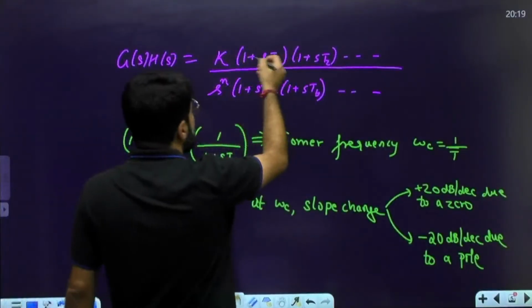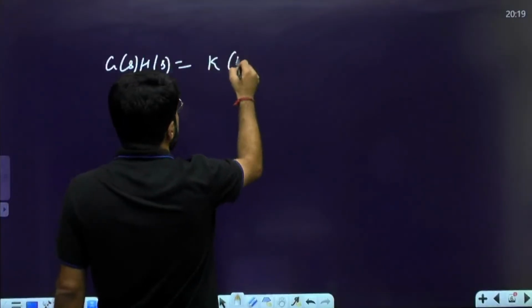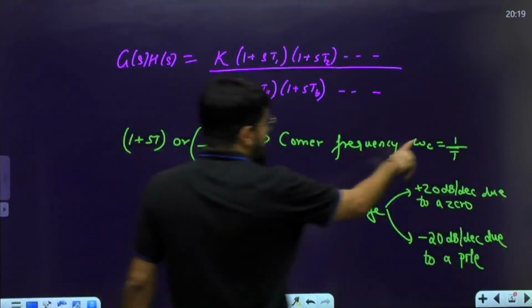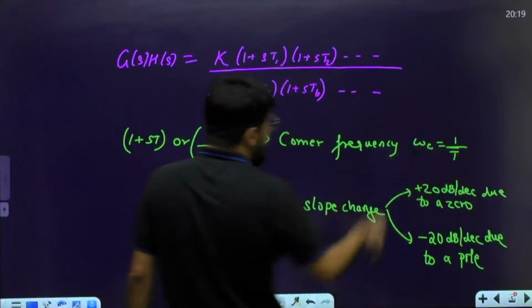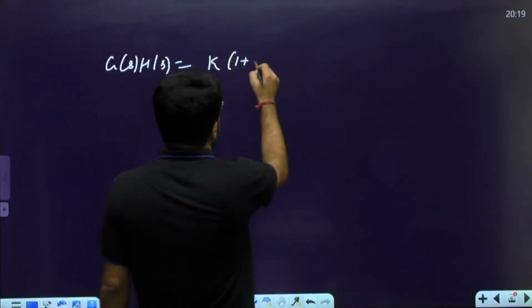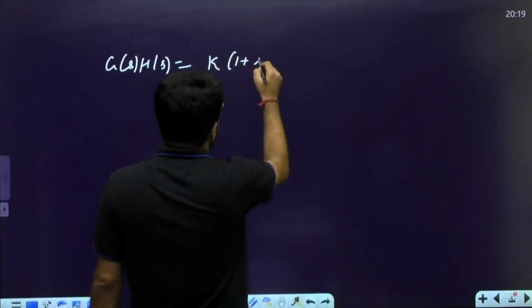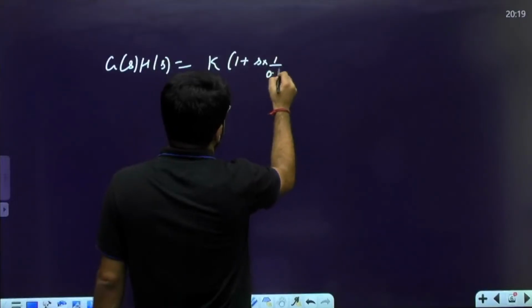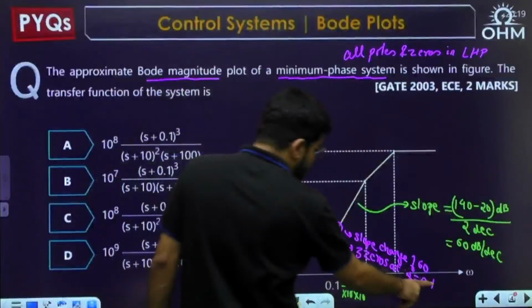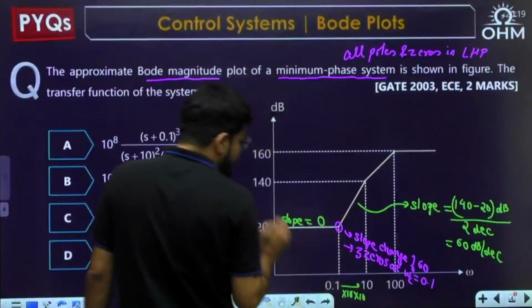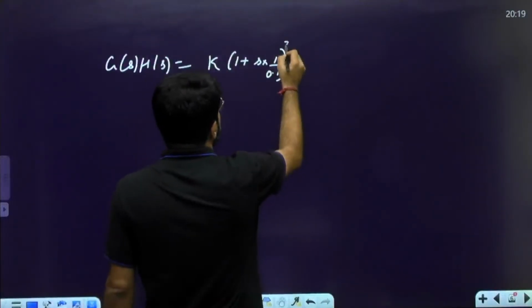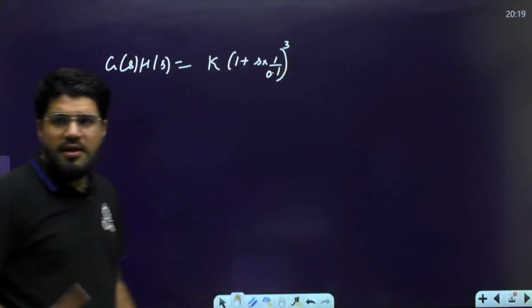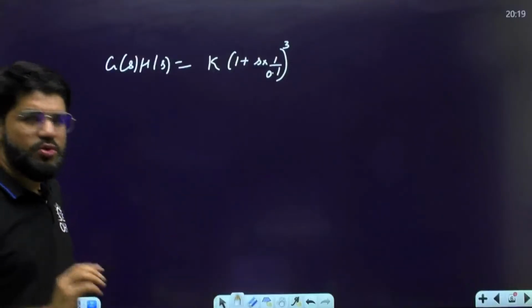But the factor is 1 plus sT, where the corner frequency is 1 by T, meaning the time constant is 1 upon the corner frequency. The corner frequency we have got right now is 0.1, and 3 zeros are located here, so this factor will be repeated 3 times. Clear?